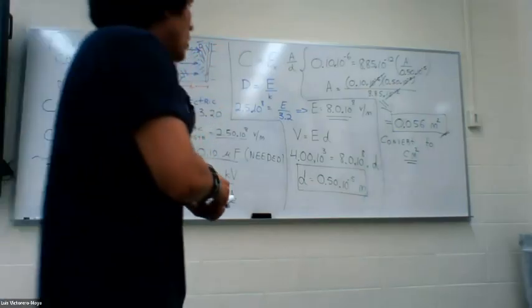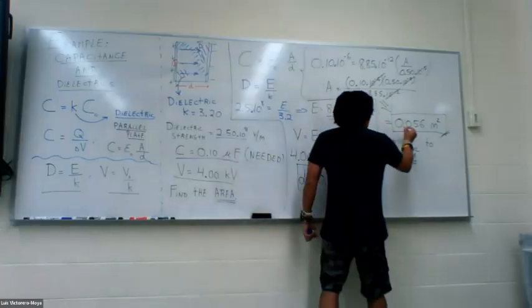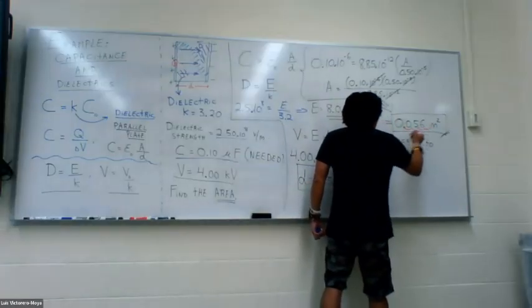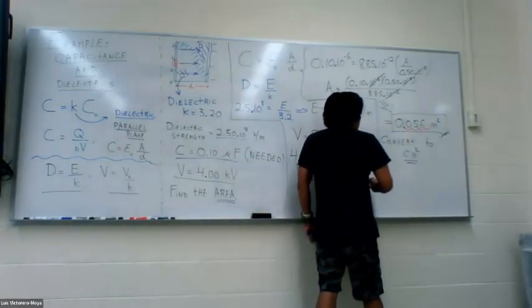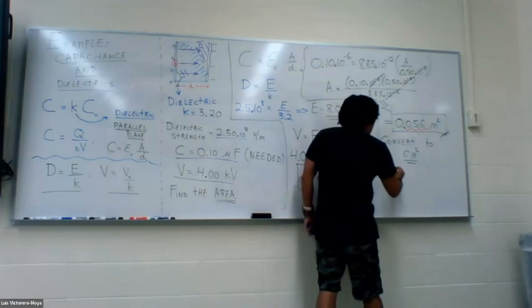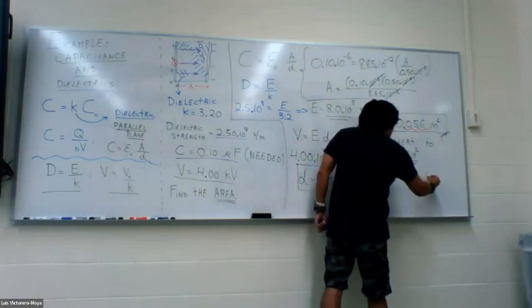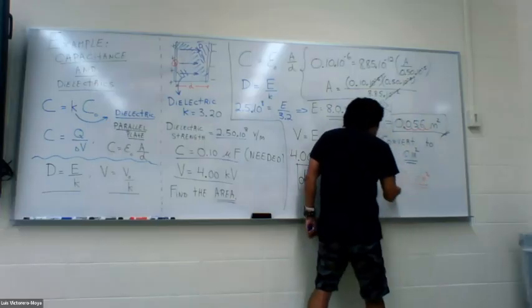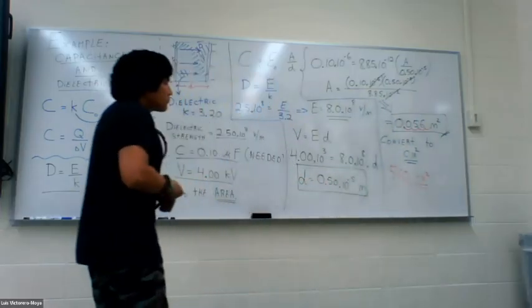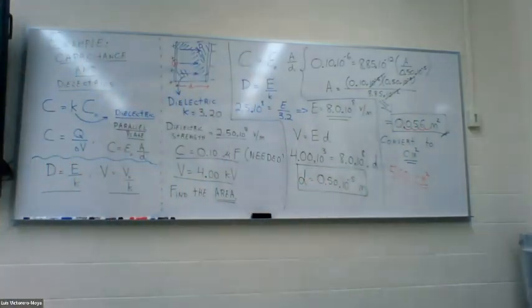So you move the dot 1, 2, 3, 4. So that will give you 560 centimeters squared. And that's another example where we use the capacitance equation and the dielectric.